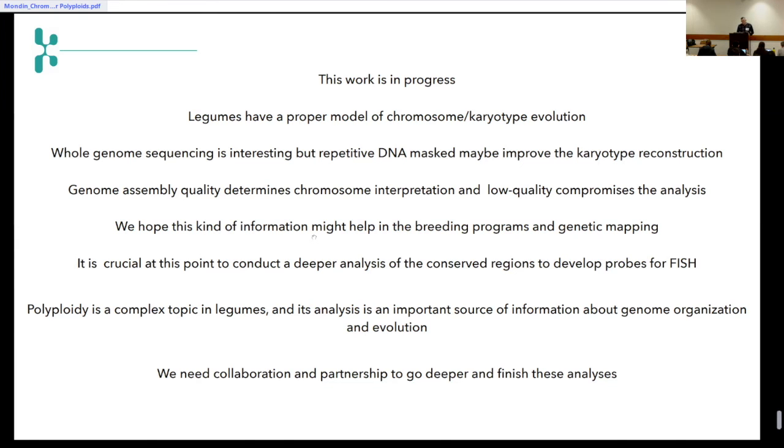The other point is we hope this kind of information may be helpful for breeding programs and of course for genetic mapping. Also, you have a different perspective, and of course we have a mix of behaviors if you consider your alleles inside one species.